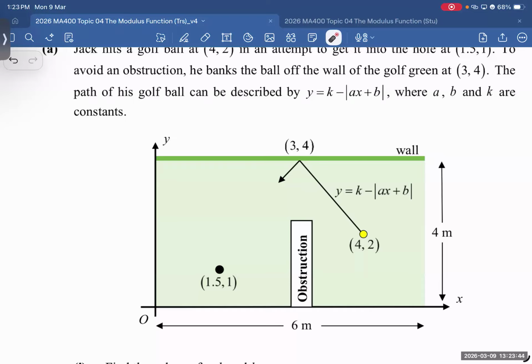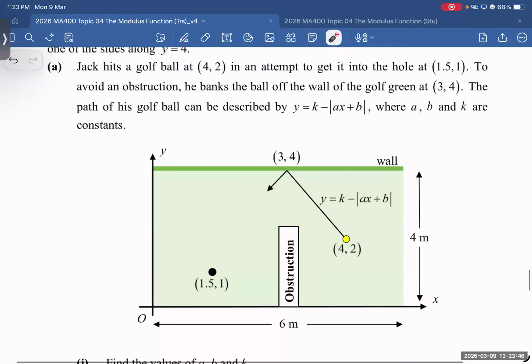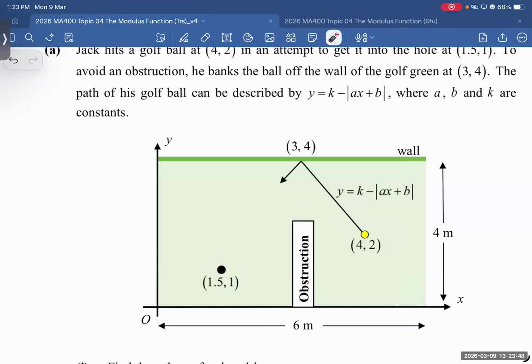A can also be positive. A would be 2, K is 4, B is negative 6.